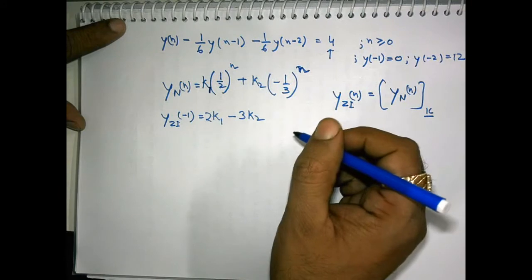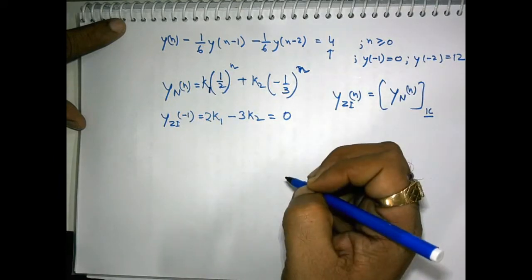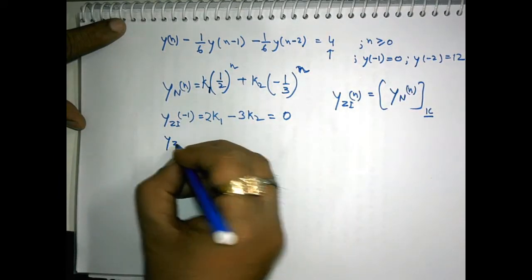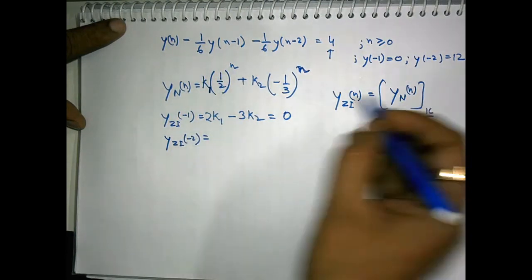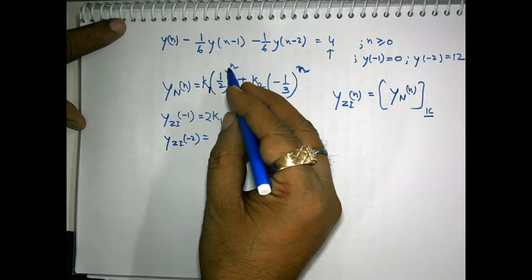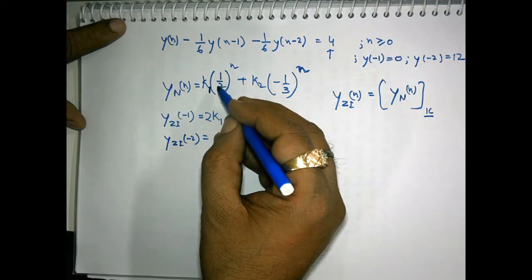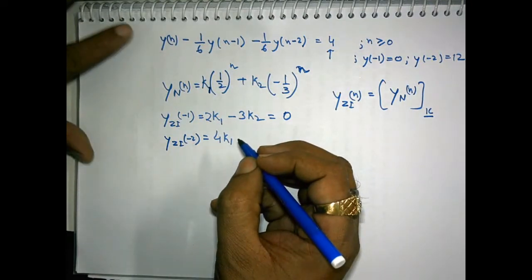Things will be reversed. 2k1 minus 3k2 equals how much? Equal to 0. This is one of the equations. Okay. And y_zi(-2) equals, minus 2 means this will be equal to 4 k1. Am I right?